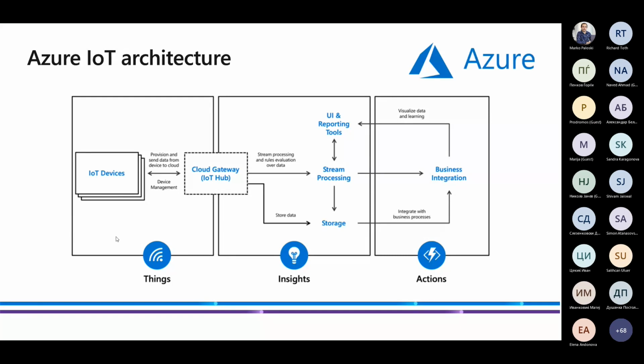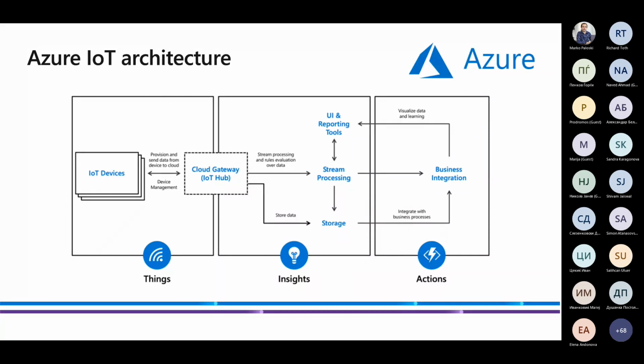First of all, things, physical things with embedded sensors that are connected to the internet. Secondly, insights, the results from processing and analyzing the data. And next, actions, the automated or manual response to the insights.